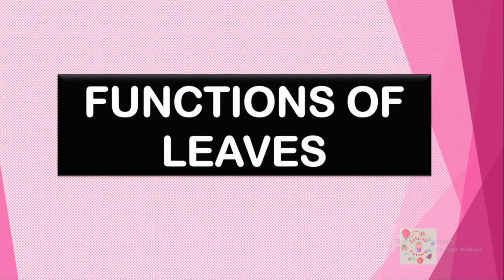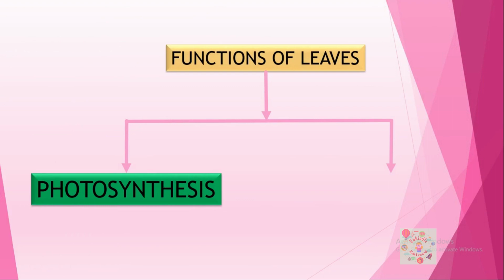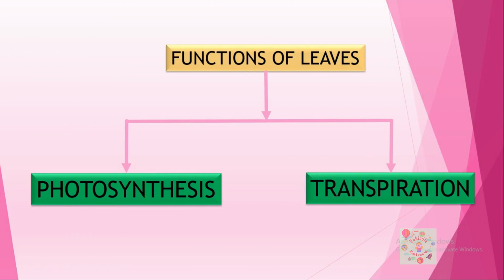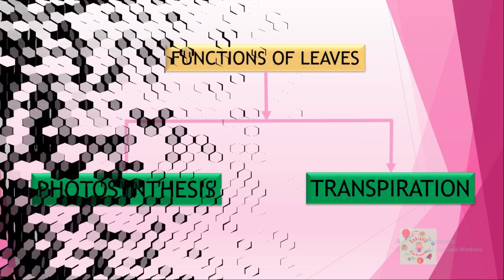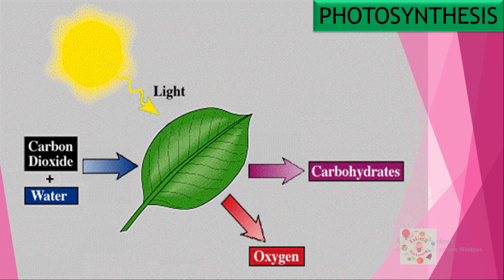Now, let's study about the two important functions of leaves. What are those? The two important functions of leaves are photosynthesis and transpiration. What is photosynthesis? Plants prepare food by the process of photosynthesis, and photosynthesis occurs in the leaves of the plant.